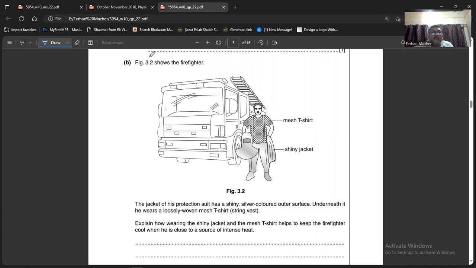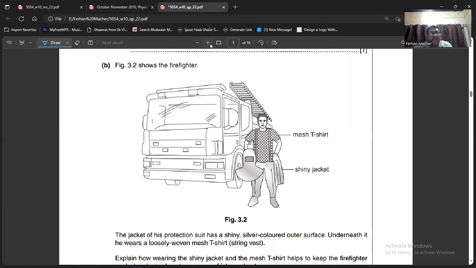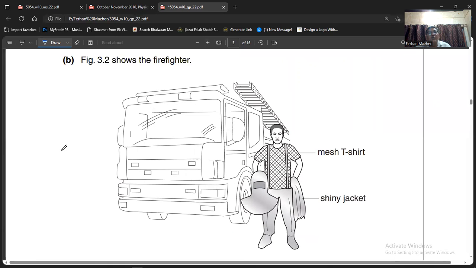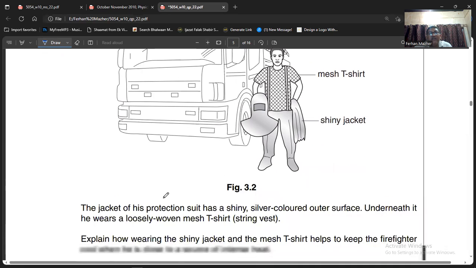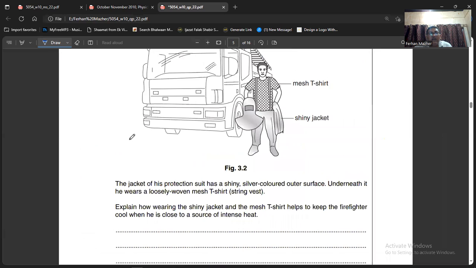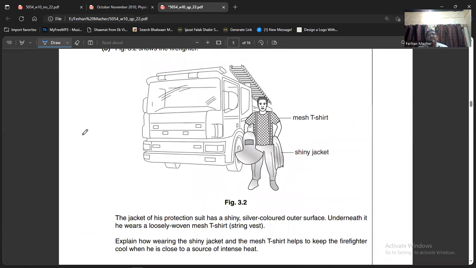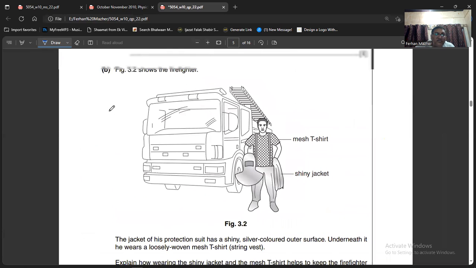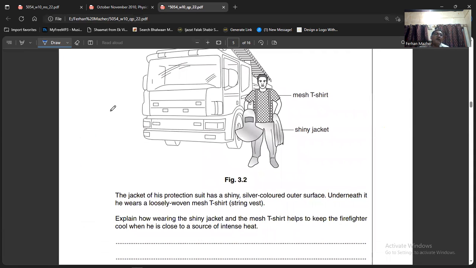He says the figure 3.2 shows a firefighter. He is wearing a mesh t-shirt and a shiny jacket. Okay, the question is, the jacket of his protection suit has a shiny silver colored outer surface.